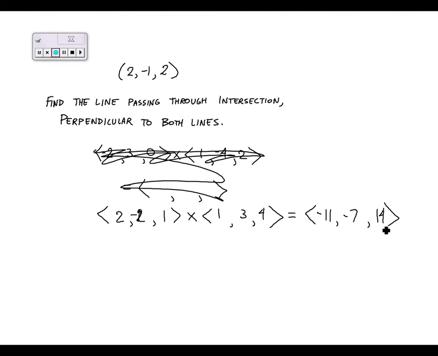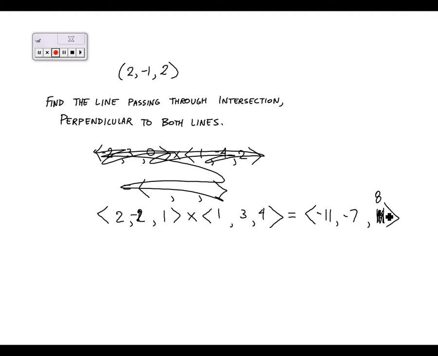Remember that? -8 minus 3. Wait, sorry. Negative 6 minus 2. Yeah, sorry, it's 8. That's why I told you to check me on it. 6 plus 2 is 8. That's true. Okay.